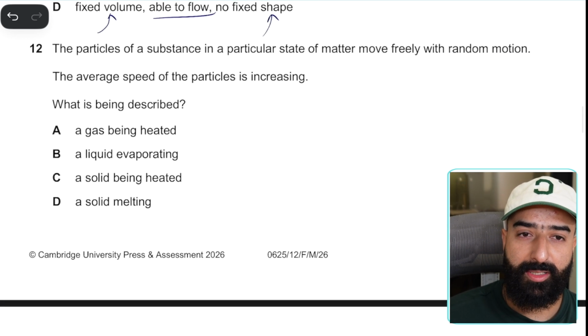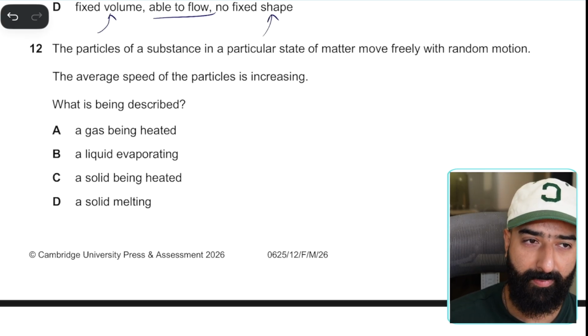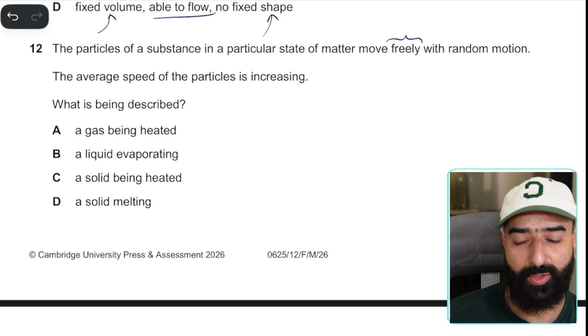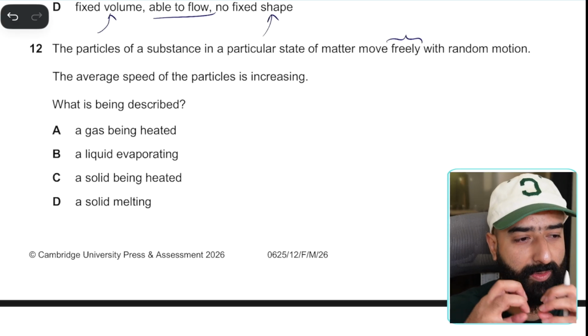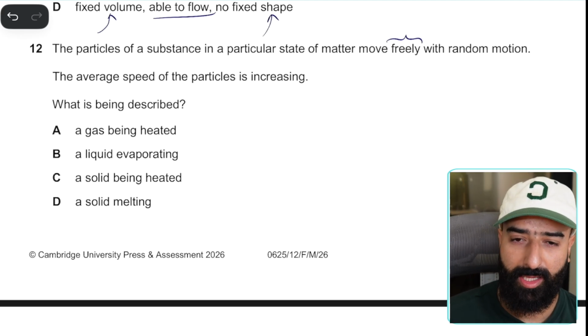The particles of a substance in a particular state of matter move freely with random motion. The average speed of the particles is increasing. What is being described? First of all, they move freely. So can it be a solid? No. The particles of a solid are rigidly locked in a lattice. So it can't be a solid.